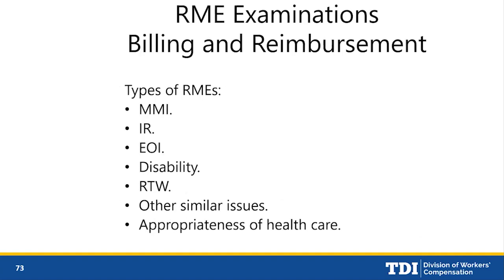Types of RME exams that can be done are similar to designated doctor. So you can have MMI, impairment rating, extent of injury, disability, return to work, other similar issues. The last one, though, is an exception. So appropriateness of healthcare is something special that RME doctors, required medical exam doctors, can examine for that designated doctors can't.